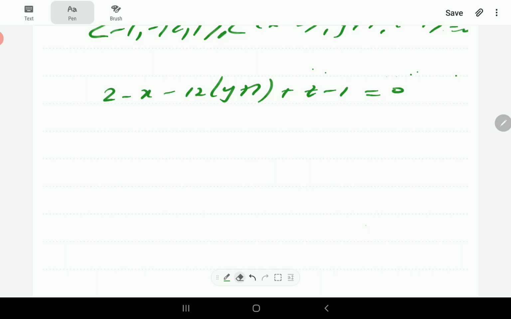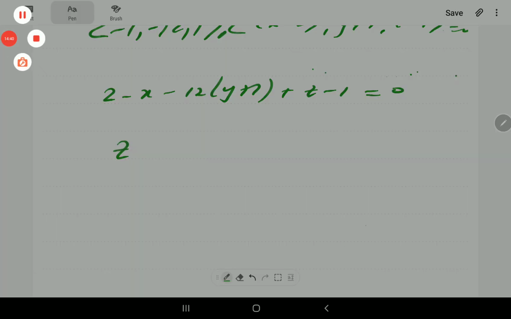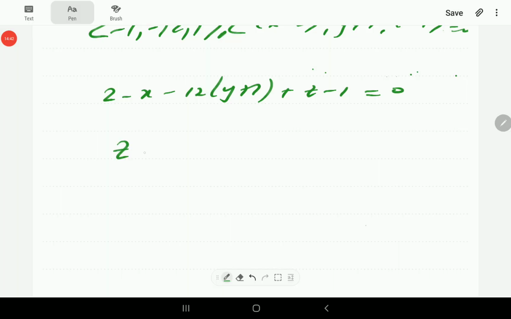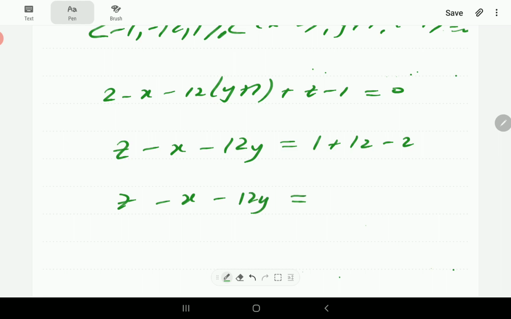So the variables, we're going to have z here, then minus x, then minus 12y. On the right hand side we're going to have 1, then 12, minus 2. So it's going to be z minus x minus 12y equals 13 minus 2.